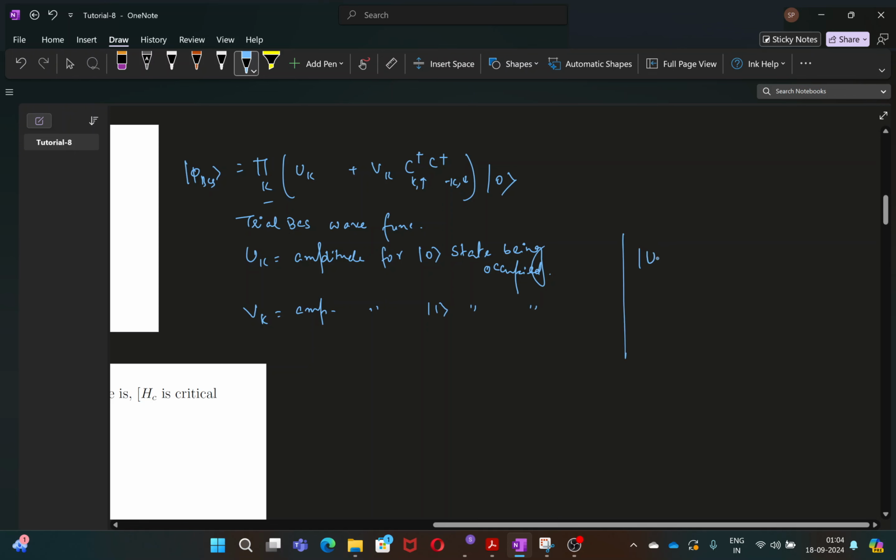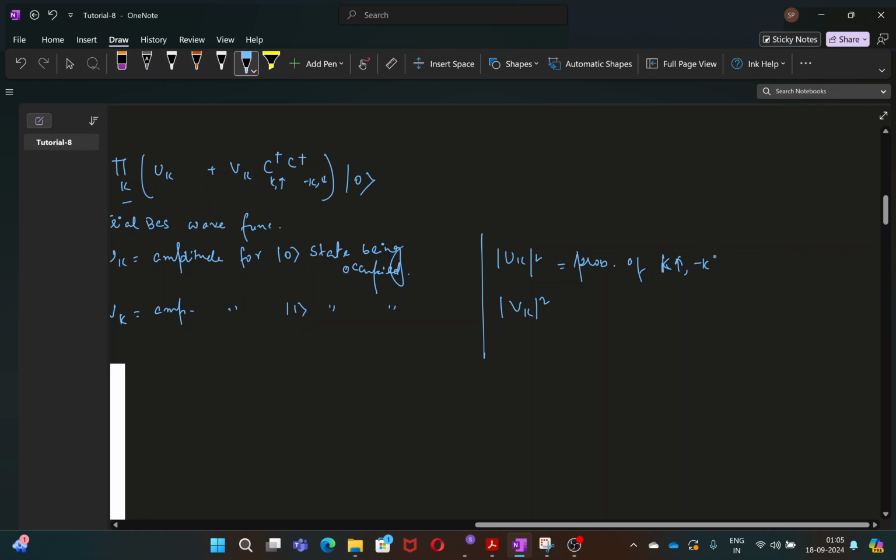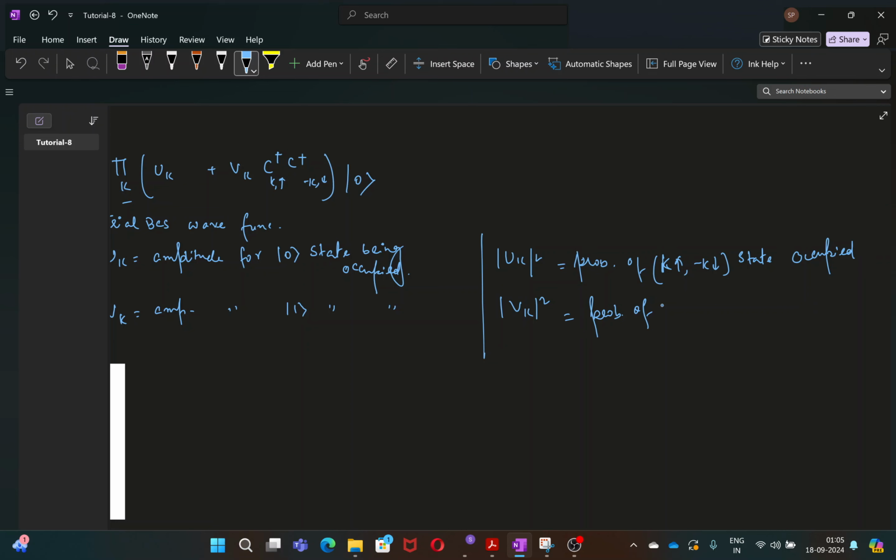If from the amplitude you want the probability, then it is the modulus square of uk, and the second is the modulus square of vk. Sorry, I just mixed them up. Basically the probability of the k up and minus k down state being unoccupied, or empty, is |uk|^2, and |vk|^2 is the probability of this state being occupied.